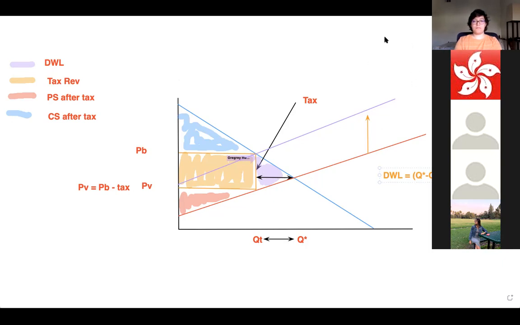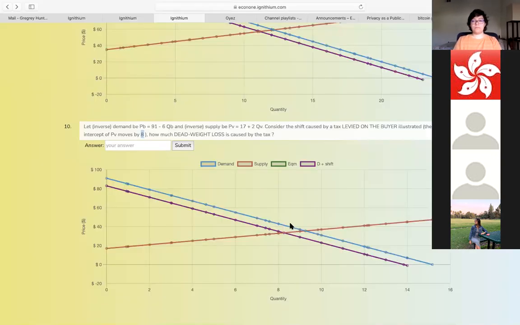Okay, do you have your calculator ready? Yes, sir. Okay, so let's take a look here. So in our case, we know that base is 8 and our after-tax quantity is 8.25 and our before-tax quantity is 9.25.